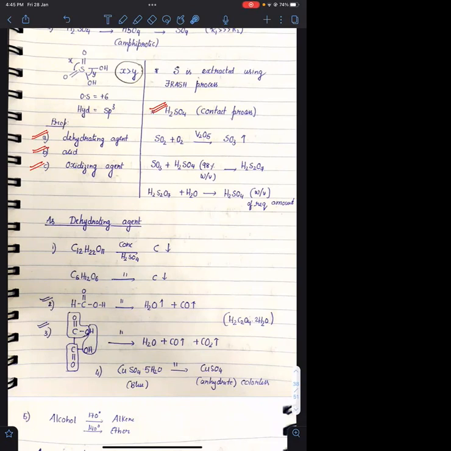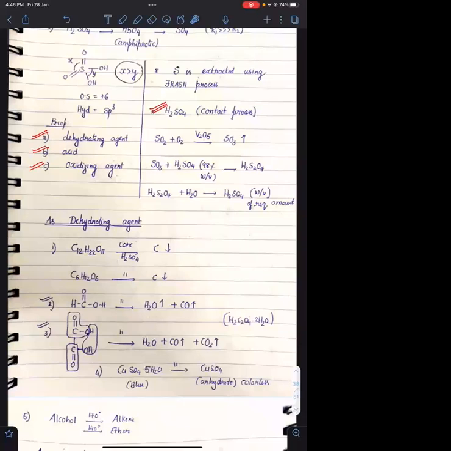So whenever you heat sulfur in air, you will get SO2 and some traces of SO3. That SO2, if further reacted with O2 in the presence of V2O5 catalyst, converts into SO3. Now if you put this SO3 directly in water, you will get H2SO4. Okay, but we don't do that.